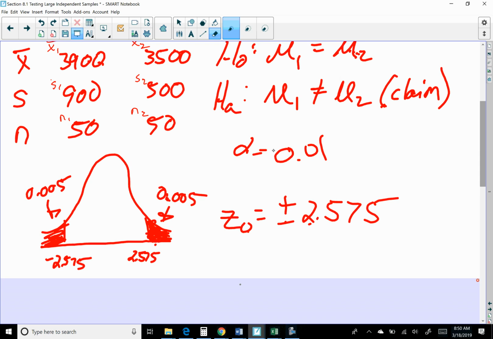Remember, that's alpha divided by 2. So 0.05 in each tail. And again, you can either use your tables in the back of your book or inverse norm. In this case, you would say 0.005, 0, and 1. And that would give you the critical values of plus or minus 2.575.